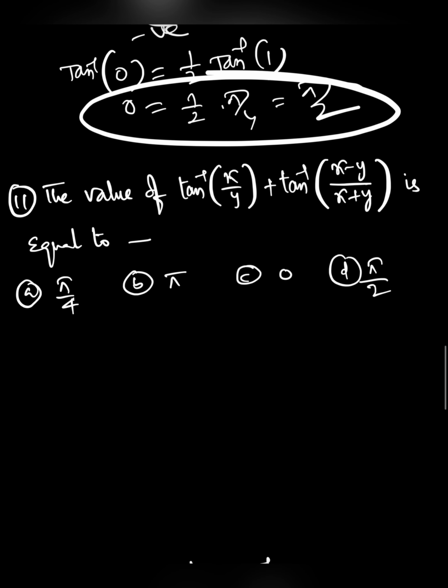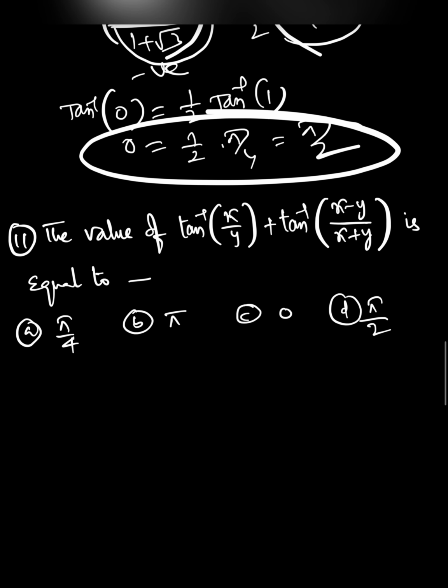Now move on to the 11th question. Tan inverse of x by y plus tan inverse of x minus y by x plus y. To solve this question, I'll use a very simple trick. Instead of solving this problem, I can use x equals y equals 1, because they didn't mention anything here.